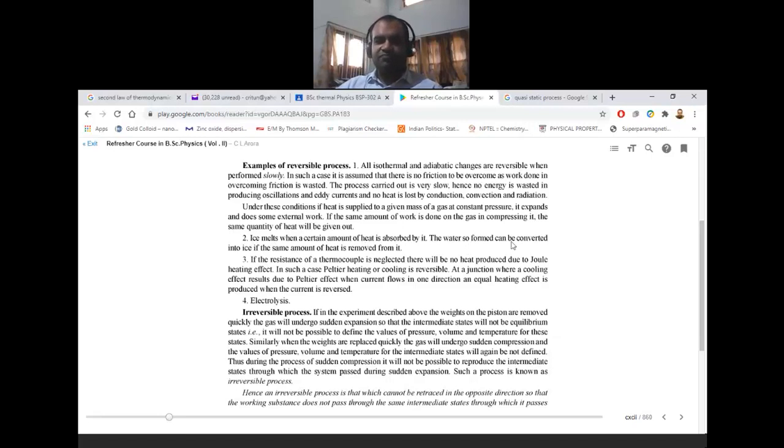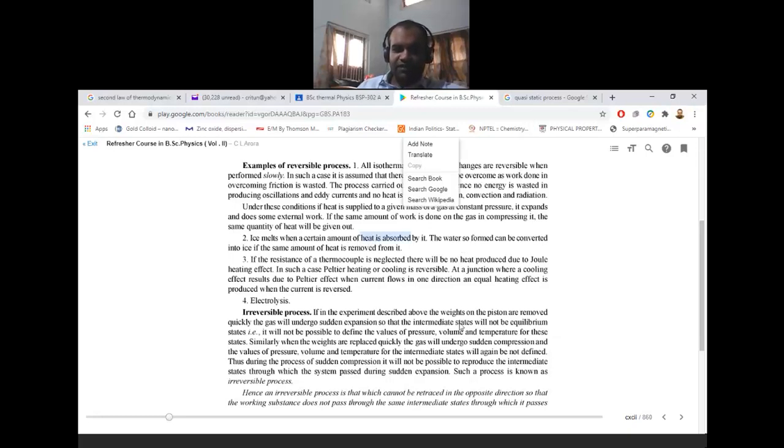One example: ice melts when a certain amount of heat is absorbed, and water is converted back into ice if the same amount of heat is removed from it. So one very good example of a reversible process is the conversion of ice into water and water into ice. Ice is a solid form and water is a liquid form.